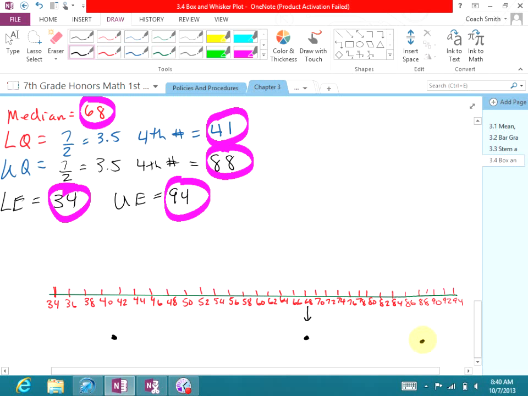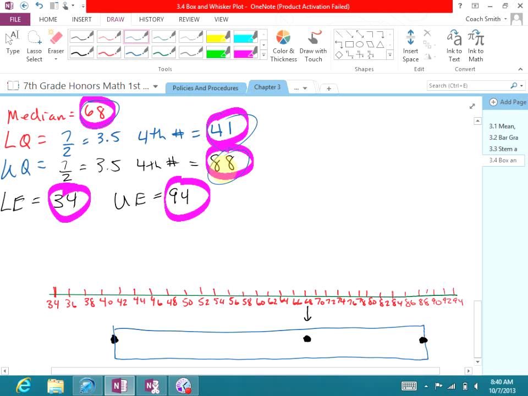Okay, now here's what I'm going to do. I'm going to take those, let me make the little dots bigger, and I'm going to put a box around them. I am marking 68, 41, and 88.